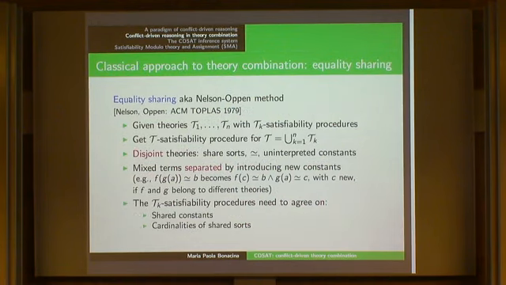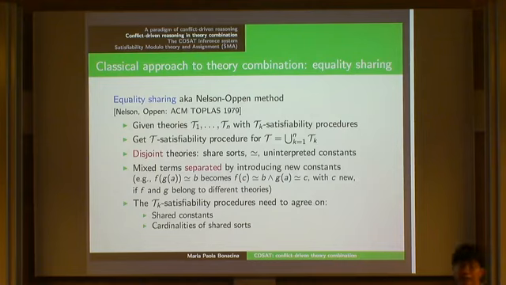Now, the classical approach to theory combination is equality sharing, also known as the Nelson-Oppen method. Given a bunch of theories, each equipped with a satisfiability procedure, it gives a satisfiability procedure for the union of the theories.